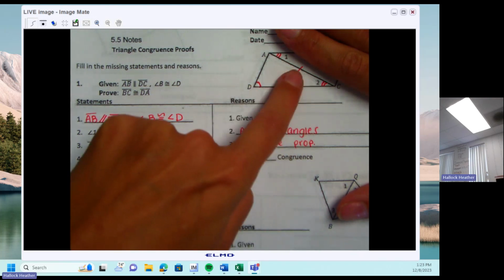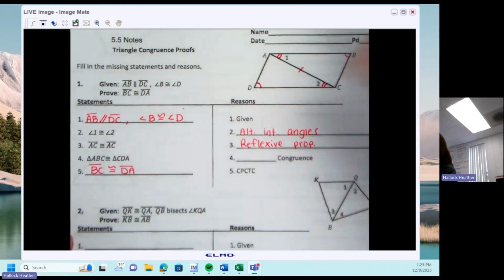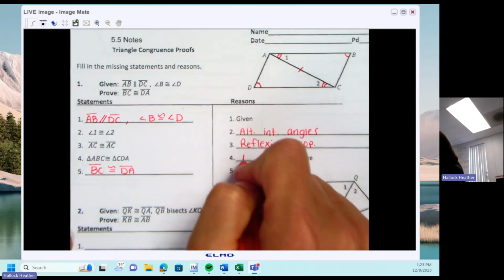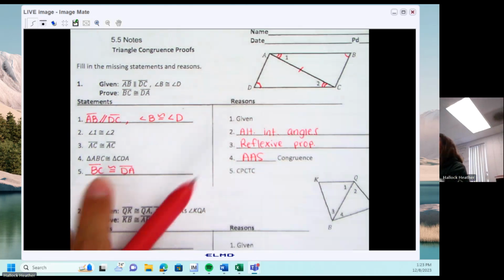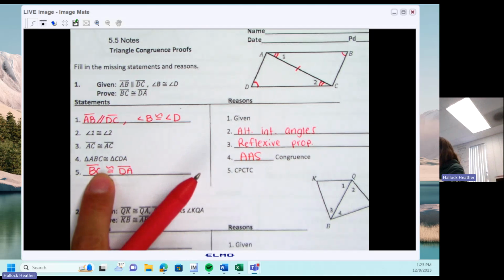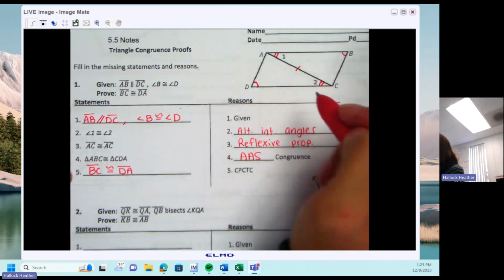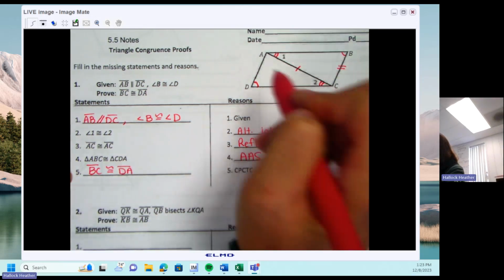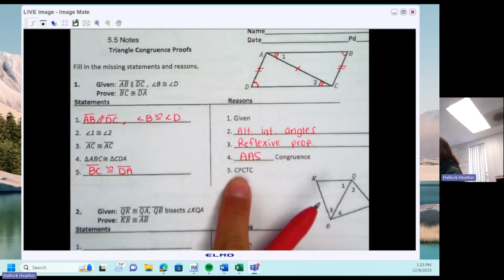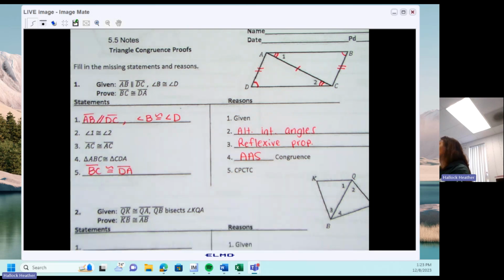So AAS is what I have because the side is not between the angles. So this would be angle, angle, side. The last thing that they're saying is because I know these triangles are congruent, I can then conclude that BC is congruent to DA because of what we talked about on Monday. We talked about corresponding parts of congruent triangles are congruent. So basically, once I know the triangles are congruent, everything else in them is also congruent.